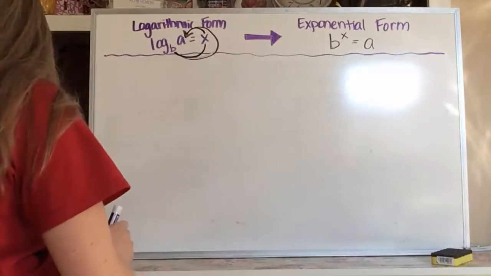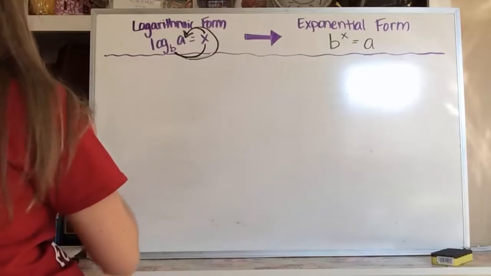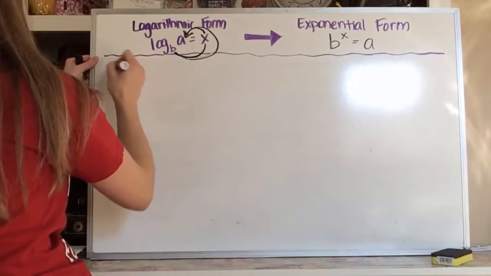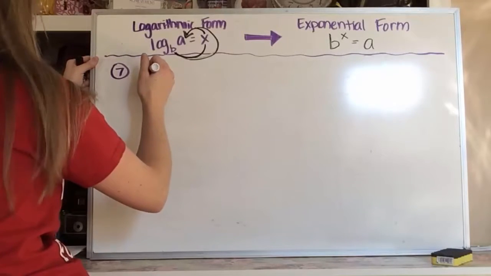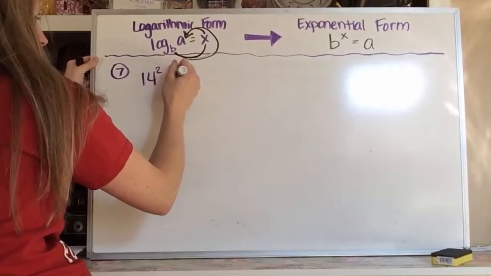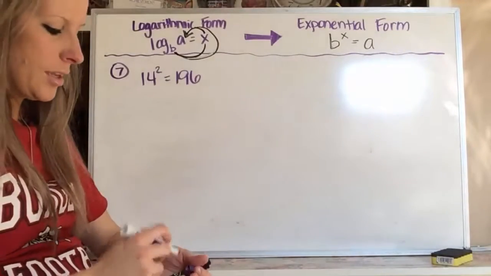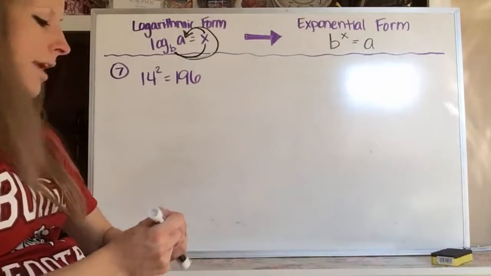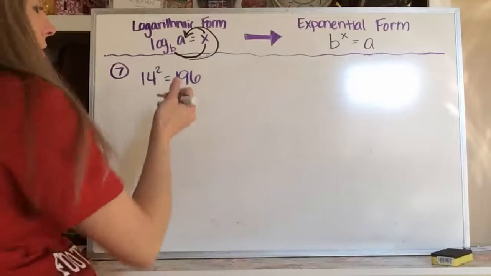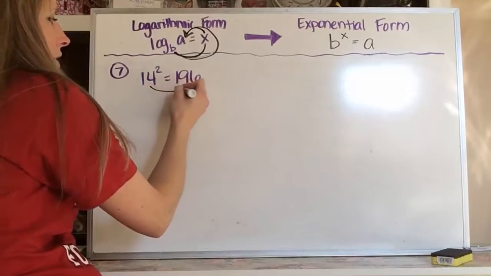Let's look at number 7. We have 14 squared equals 196, and I want you to write this as a logarithmic equation. We're going to start with our base and move counterclockwise.